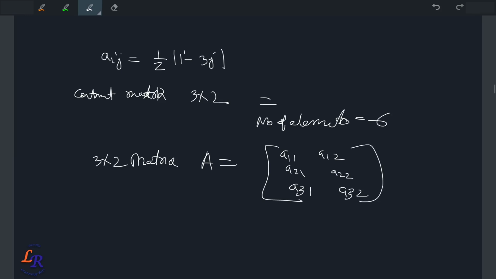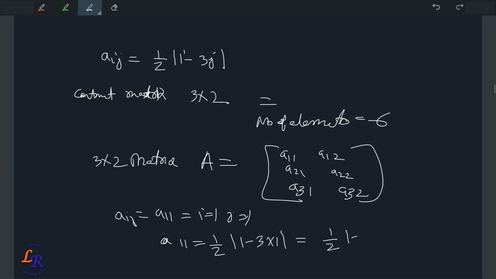Then you need to find each element. So Aij is equal to A11, it means i is equal to 1, j is equal to 1. You put those values in this, and of course it is a modulus, so A11 is equal to 1 upon 2 mod of 1 minus 3 into 1, which becomes 1 upon 2 mod of minus 2, which is plus 2, and you will get 1.